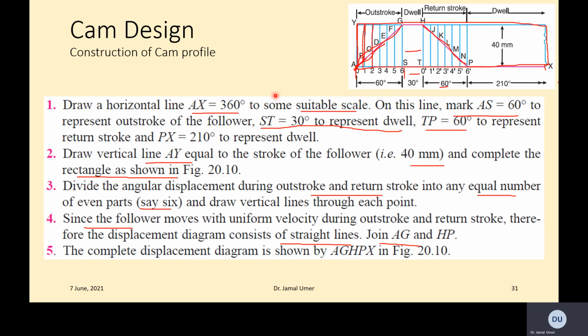Next we want to draw the cam. In this design problem, you know the requirement of what the follower has to perform. If I give you a practical example, in an engine application the valve has to reciprocate through certain values.